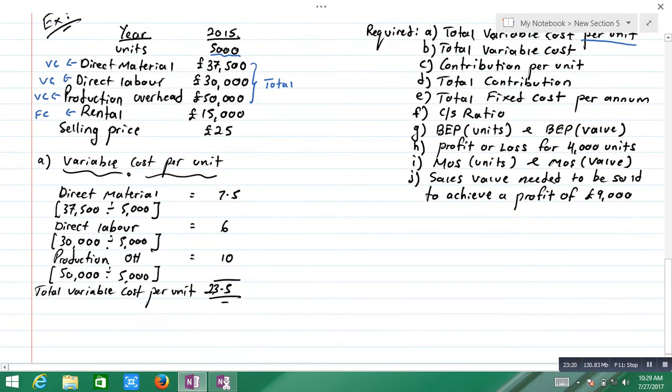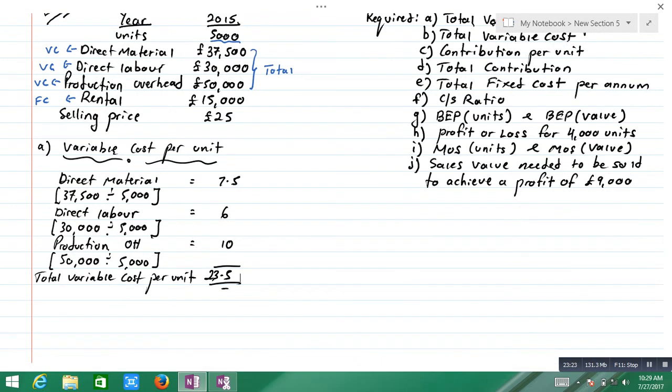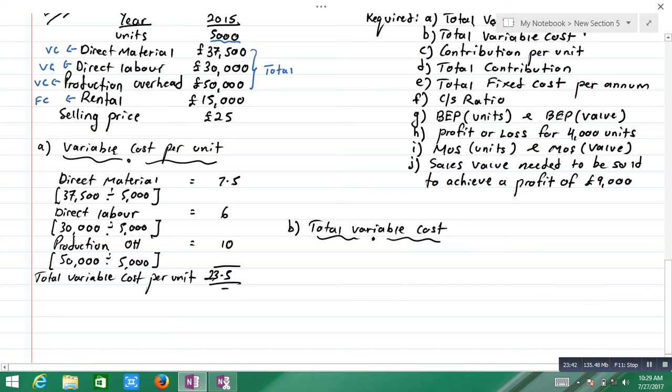We already have the totals here, so just add all three values: 37,500 plus 30,000 plus 50,000. That will give you the total variable cost, 117,500.